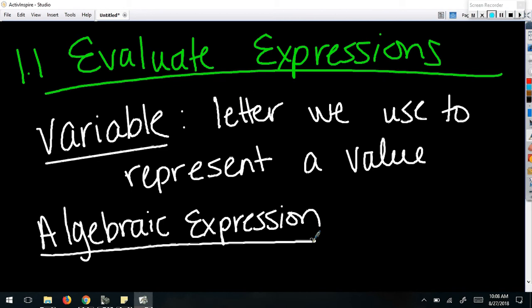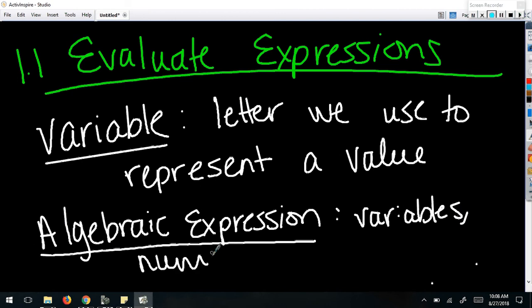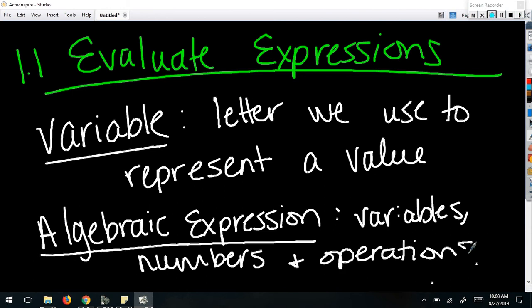There's no equal sign, okay? Expressions don't have an equal sign. So we have variables, numbers, and I'll even say operations because maybe we add, subtract, multiply, divide, all that good stuff within an algebraic expression.